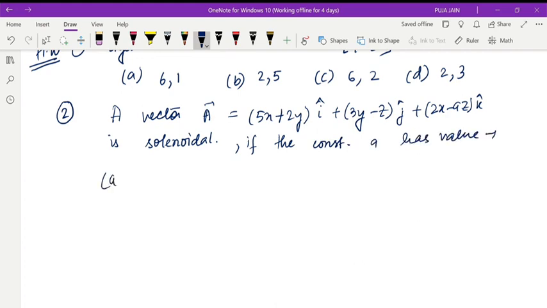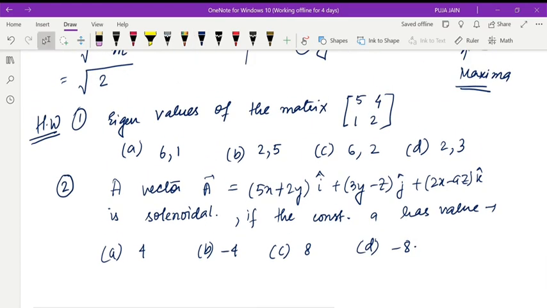Options are A 4, B minus 4, C 8 and D minus 8. So these are the two sums which are your homework. You have to do this and comment in the comment box which option is correct.